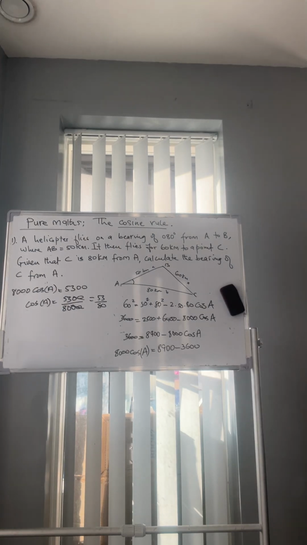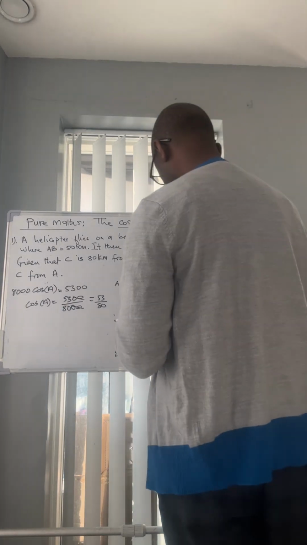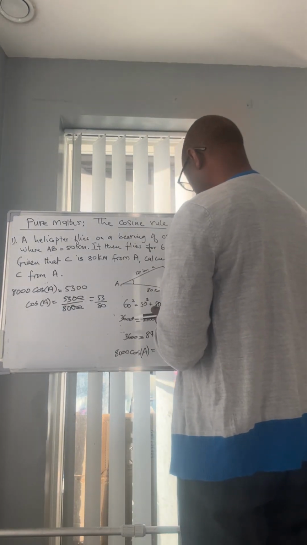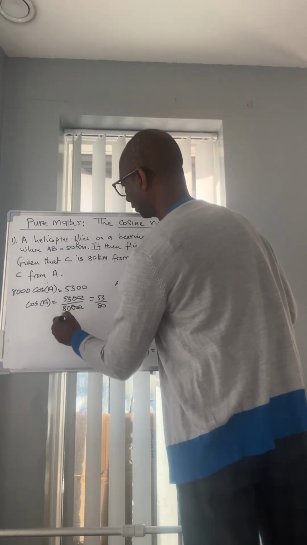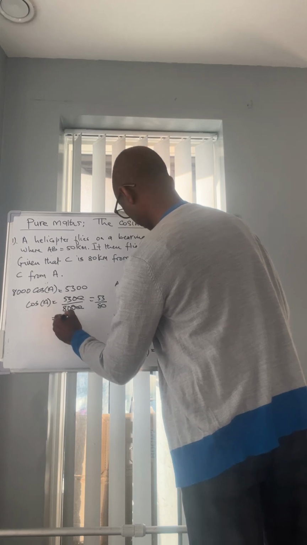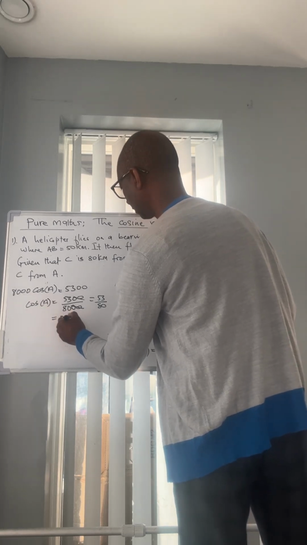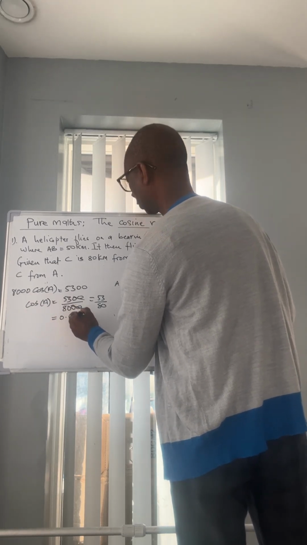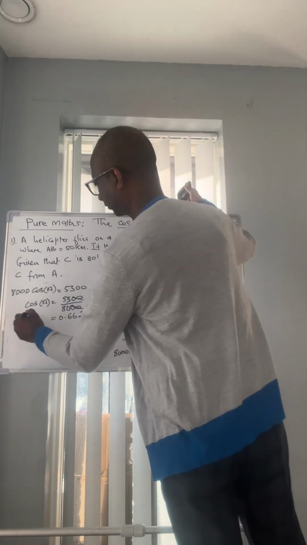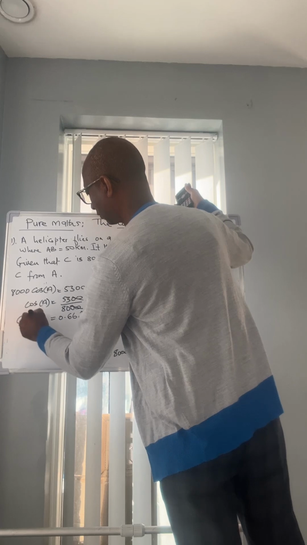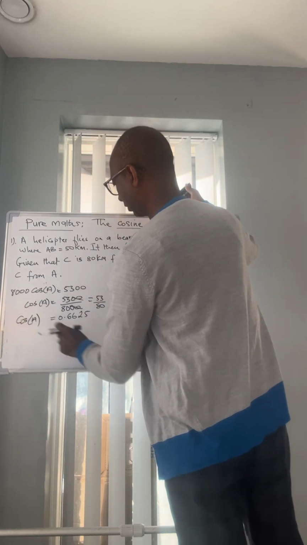Let's use our calculator to do that. 53 divided by 80 will give us 0.6625. That is cos A, the cosine of A. But we want the angle.